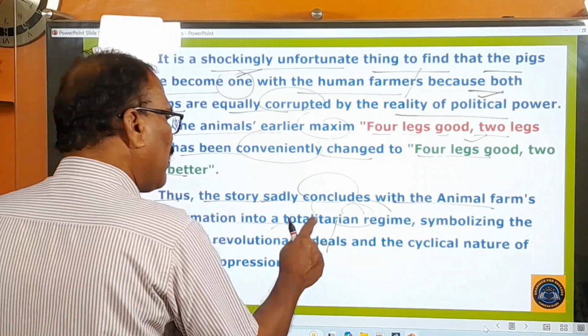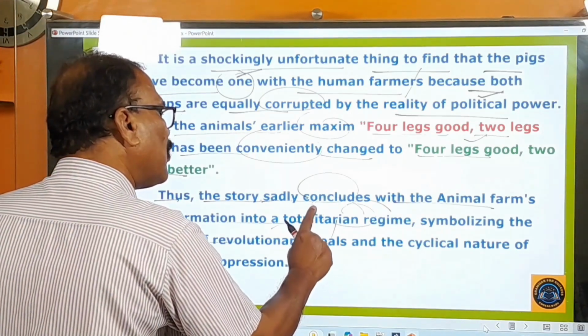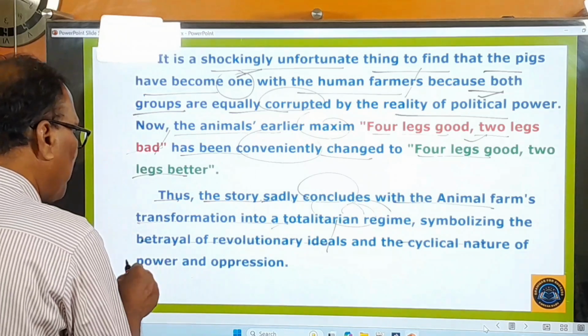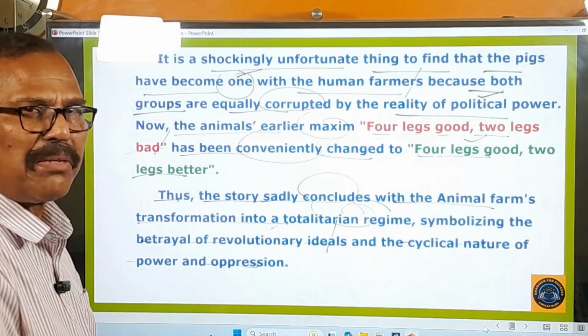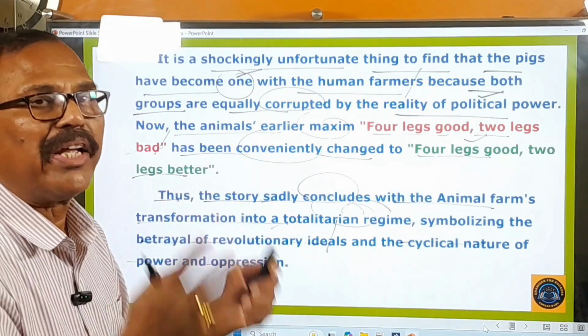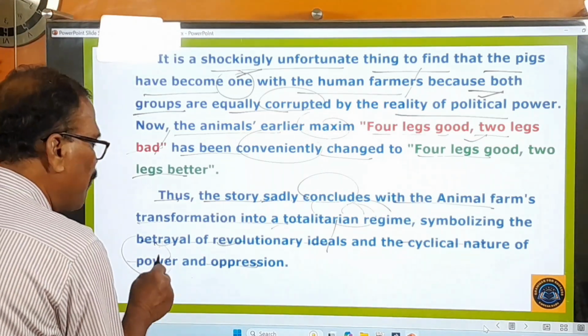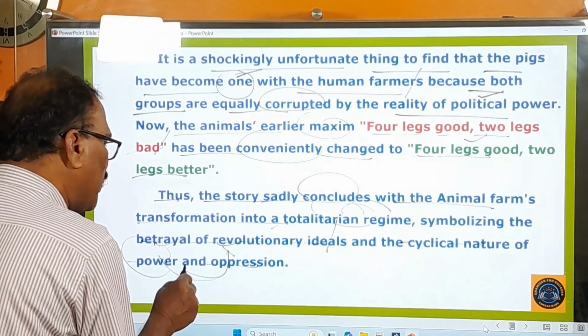And here this totalitarian regime also stands as a symbol for the cyclical nature of power and oppression. Cyclical nature means general nature or regular nature of power and oppression. So where there is power, there is oppression. Where there is oppression, there is power.